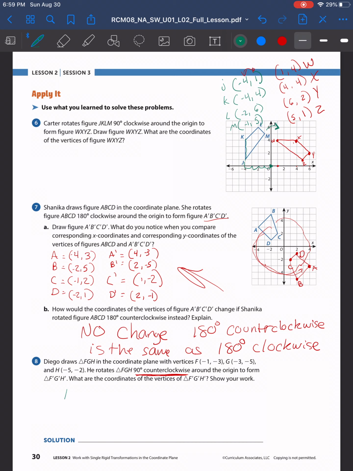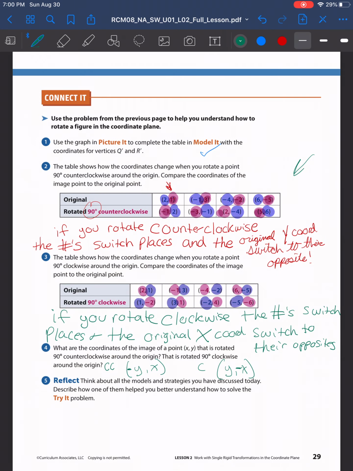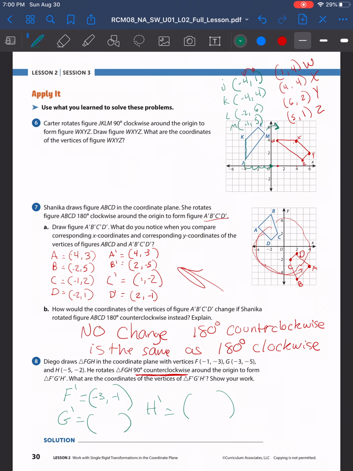Okay, so that means that F', G', and H'. Okay, so they switch places. So F would be, so the -3 is here, and the -1 is here, right? But then only the y coordinate changes. This was the y coordinate, so now it's going to be a +3.